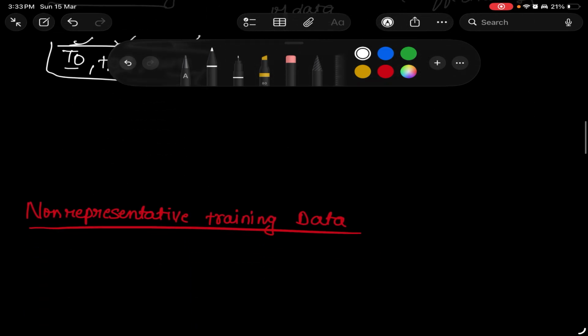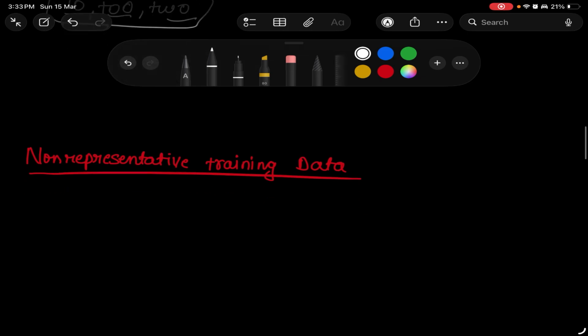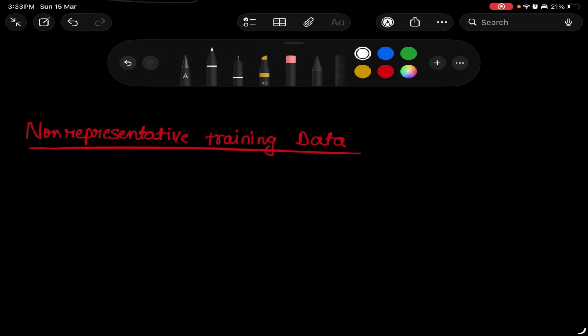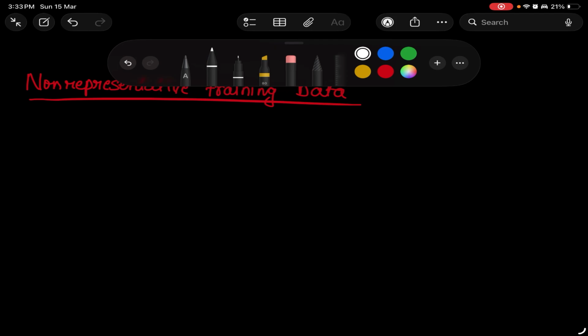Now, the second challenge is non-representative training data. Say you solved the problem of insufficient data.